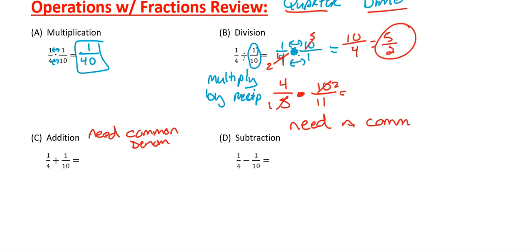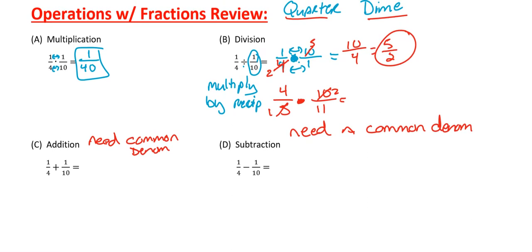We need a common denominator. Because if not, this is like me saying 1/4 minus a dime. We can't just say that's going to be 1 dime. If it's a quarter minus a dime, it's 15 cents. It goes into a completely different denominator, a completely different world.